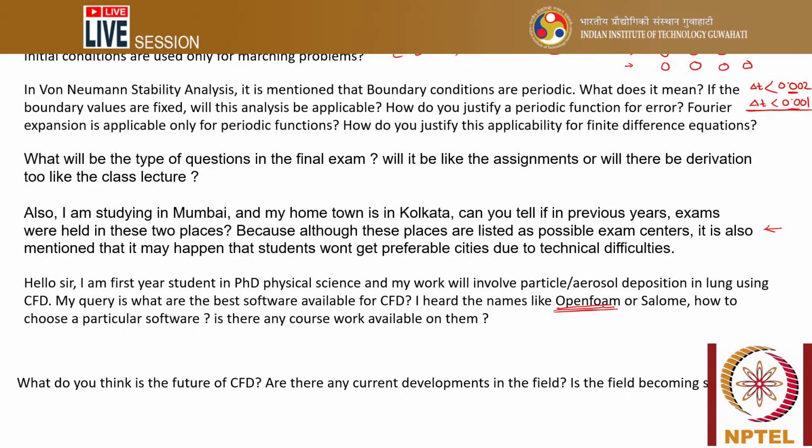It is finite volume based, so you need some kind of coding experience because you need to write some code when you are using OpenFOAM for your problem. And Salome is a grid generation software. But anyway, in OpenFOAM you will get the grid as well.